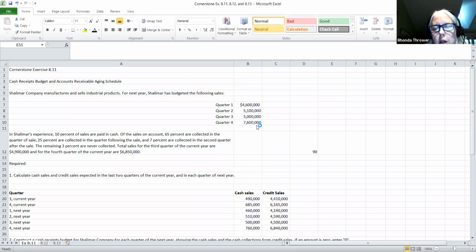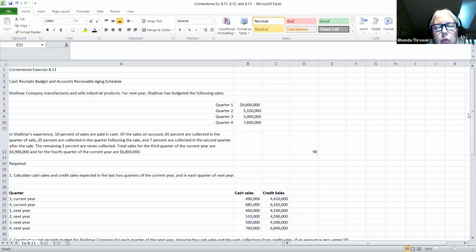In quarter four, 10% of the total sales are 760,000. 90% of 7,600,000 is 6,840,000. So 90% of your sales are credit sales, 10% are cash sales.